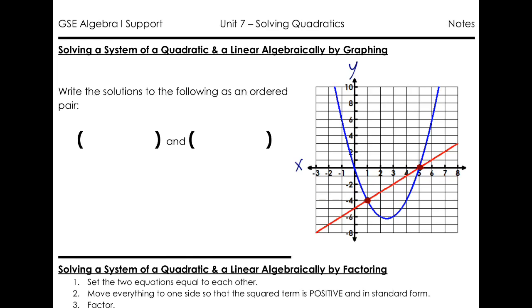There's 2 points where they intersect, and so let's jot them down. How do you jot that down? First, start with your x value that always goes in front. And so right here, we're at the 1, and we go down to the -4. So what's 1 on x? -4 on y. So 1, -4.